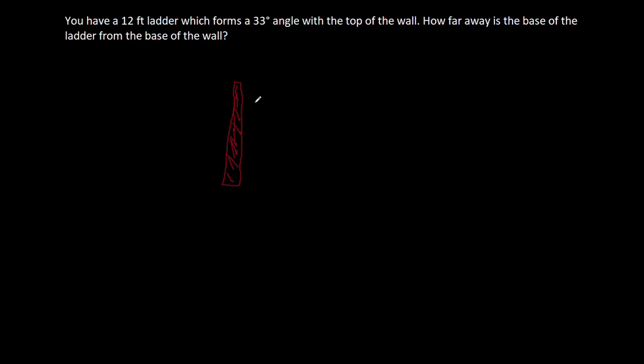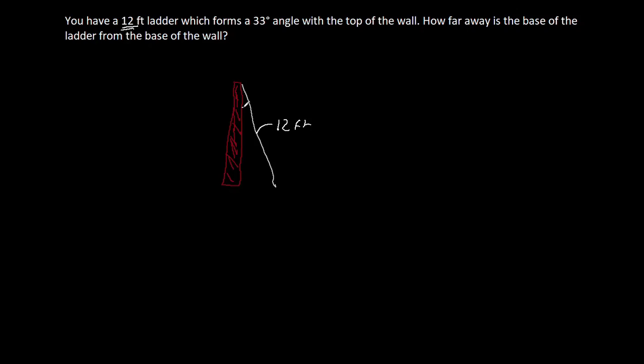So we have a wall here. We have a ladder here. Let's try and make that a little bit more straight. I don't know if that's any better, right? And we know that this is 12 feet, because it's a 12-foot ladder.